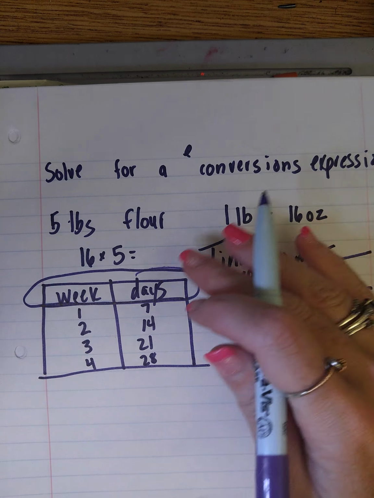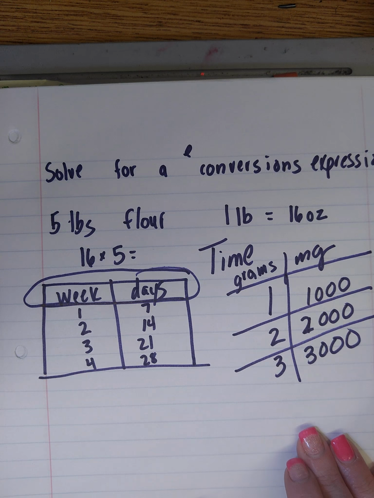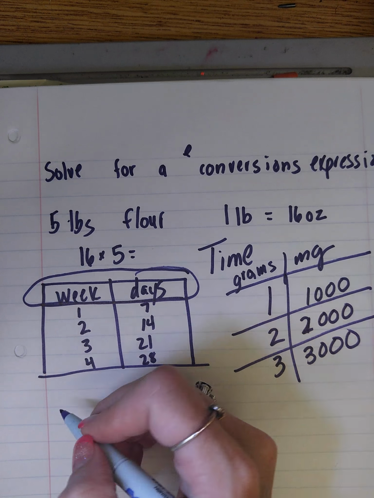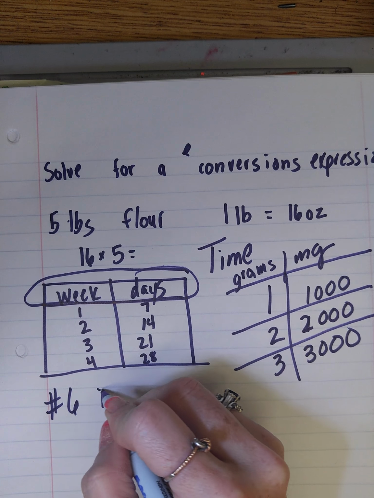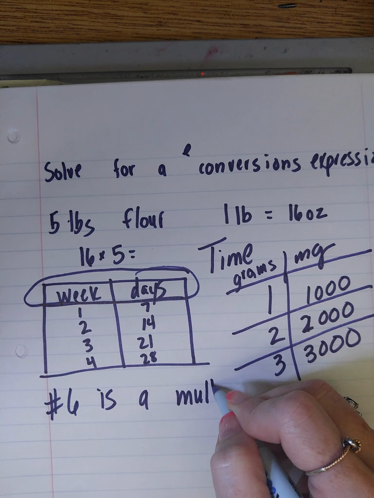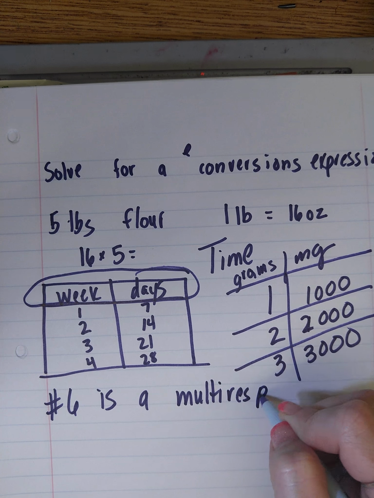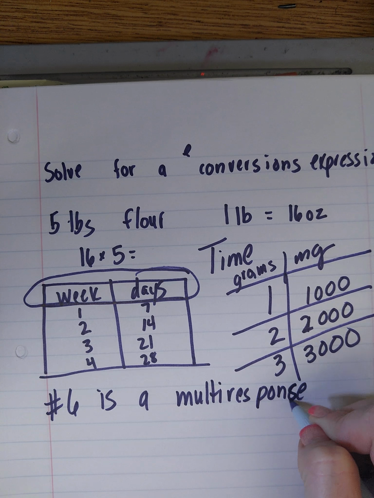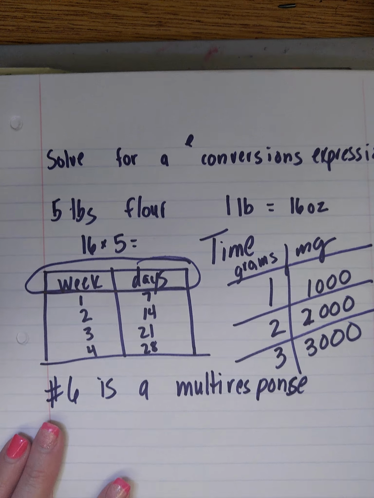So there might be a multitude of labels, and that's okay. That would be a multi-response. And I will let you know, number 6 is a multi-response problem. So more than one answer.